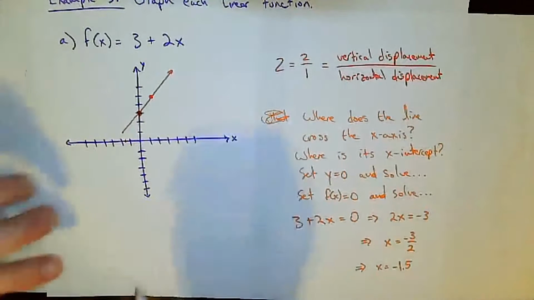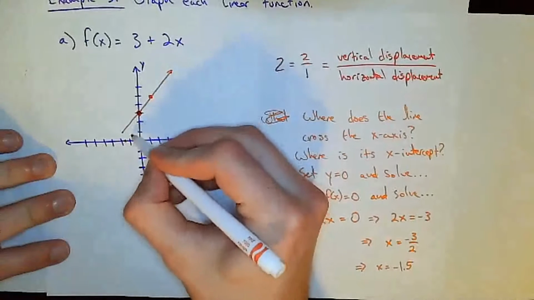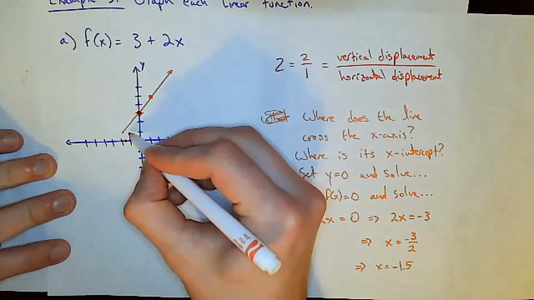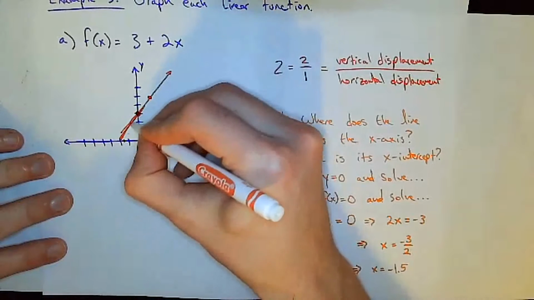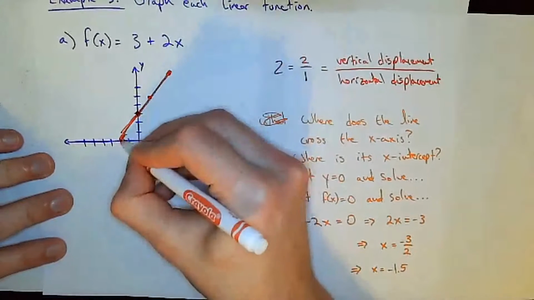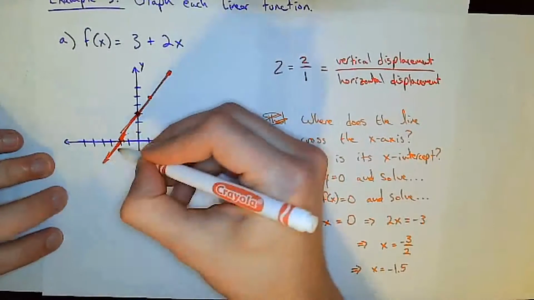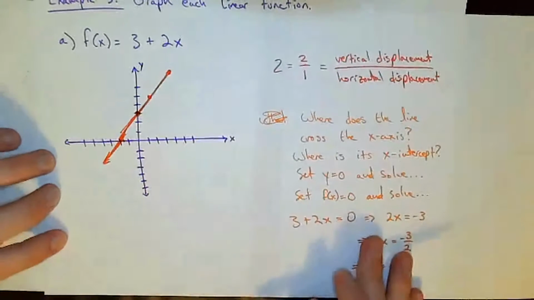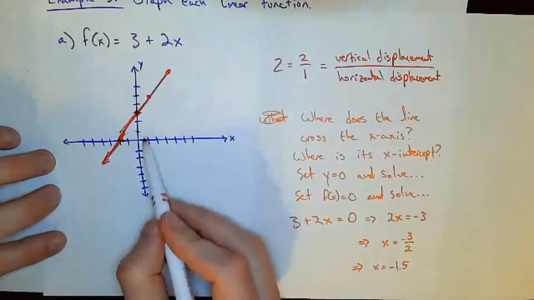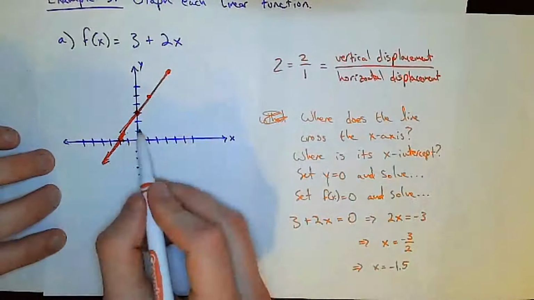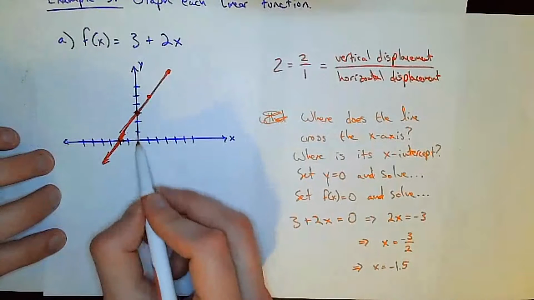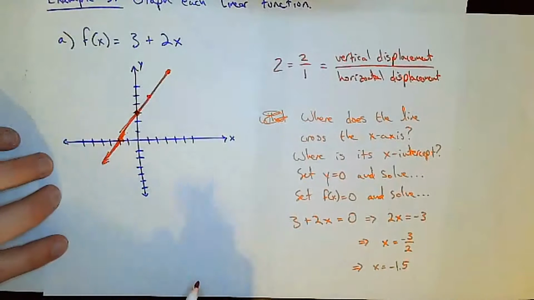My tick marks are all wacky, so it should be more like that. If I had been really careful it really shouldn't have been that bad. I think it's just because these tick marks got a little away from me there.